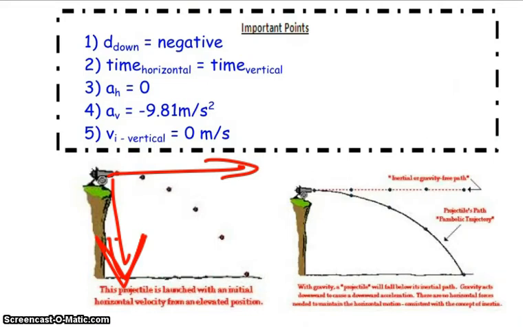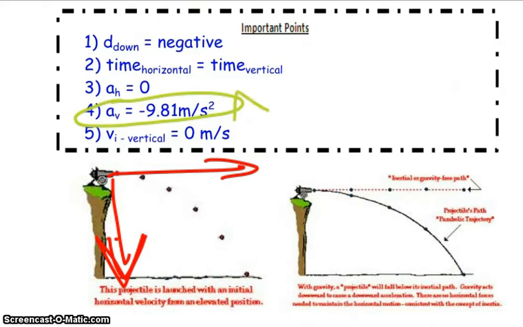Your acceleration in the horizontal, which can be AH or sometimes represented as AX, is equal to 0. Because the only thing causing it to accelerate is gravity, which is only acting in the vertical, which is why your acceleration in the vertical is still negative 9.81.